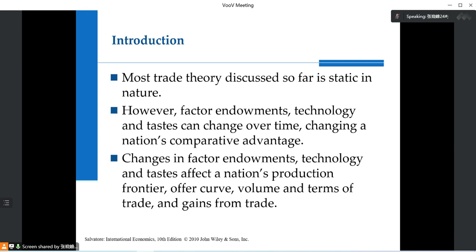Actually, we should analyze this type of question in detail, such as how factor endowments affect a nation's competitive advantage and its import and export mode. And in the last class, we discussed the interaction between technology and international trade.